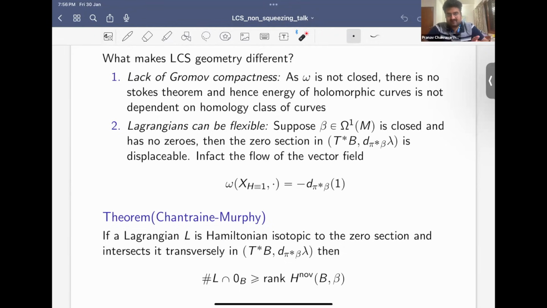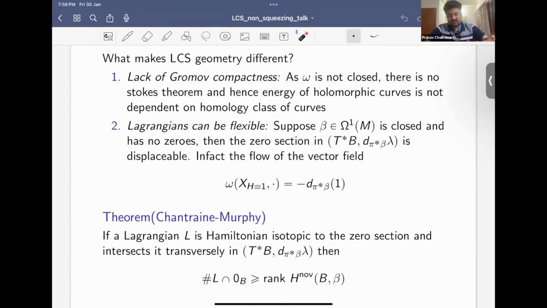One is that because the form is no longer closed, Stokes' theorem no longer holds, and so the energy of the curves is not just dependent on the homology class. So this leads to problems when you try to compactify a moduli space of holomorphic curves on these manifolds. So you would have to be inventive in trying to use holomorphic curves to probe these manifolds.